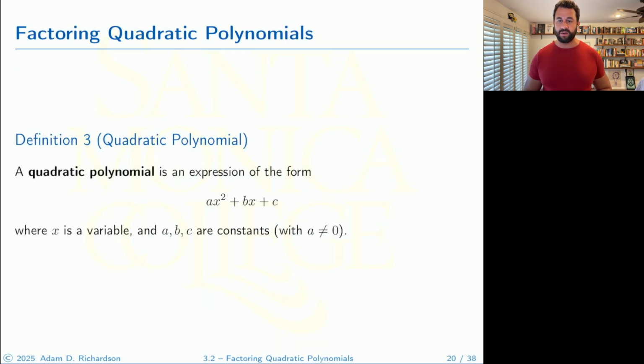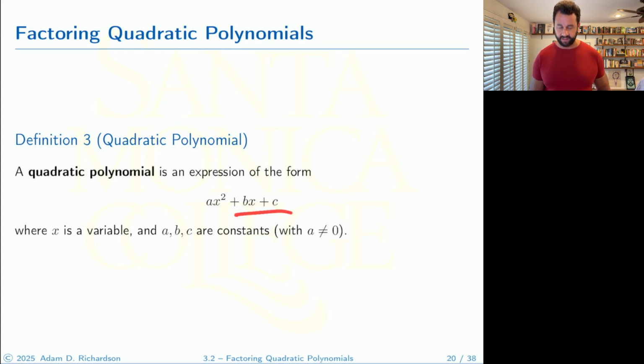Next thing we got to talk about are quadratic polynomials and then factoring quadratic polynomials, because a quadratic polynomial is a more general structure, right? A quadratic polynomial is an expression of this form here. Any expression of that form where x is our variable, a, b, and c are constants, and a is not 0. If a is 0, then this term disappears and you don't have a quadratic anymore.